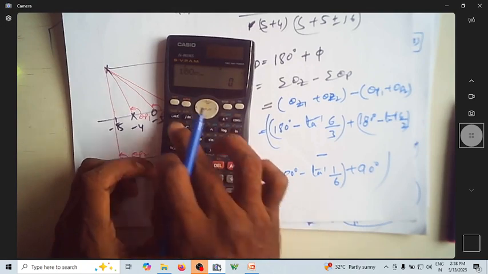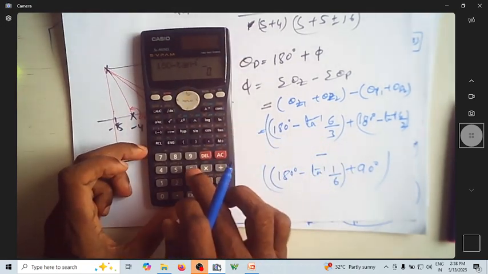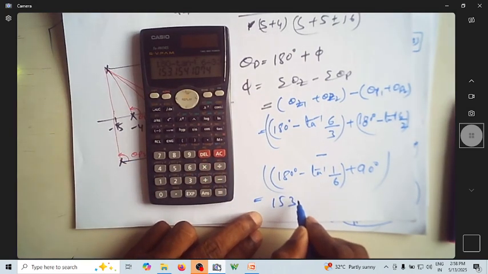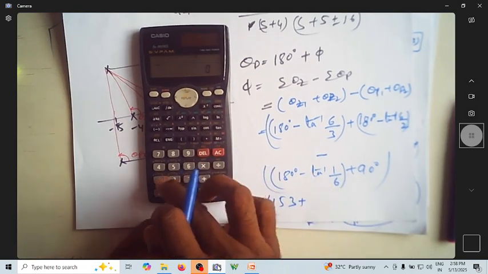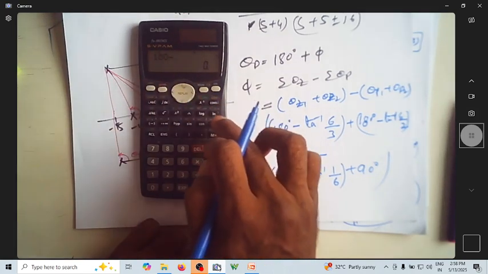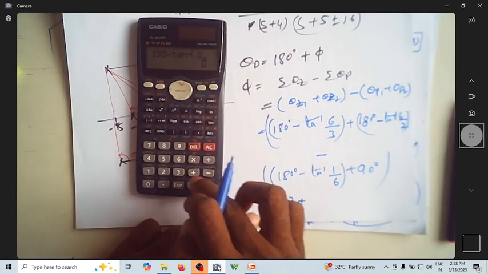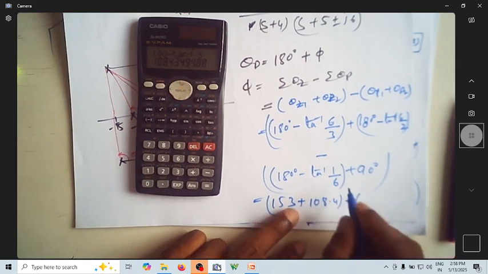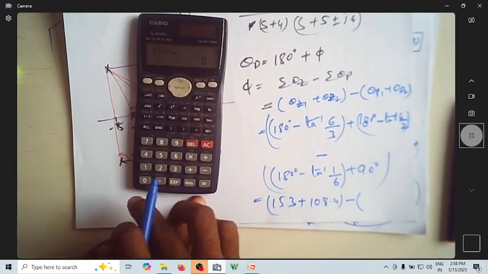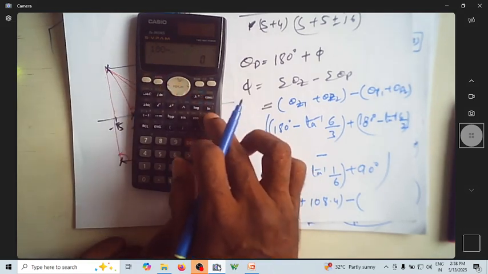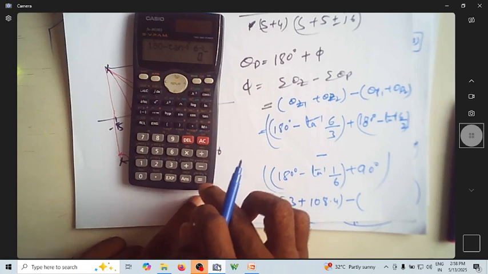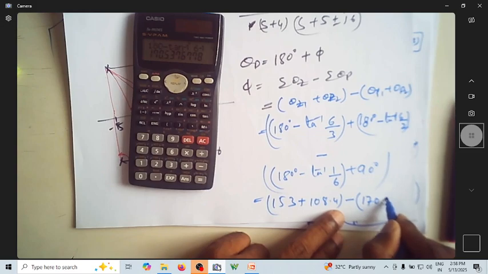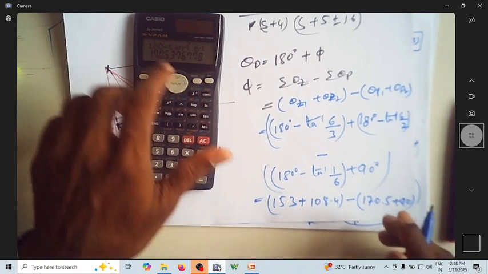So it is 180 minus tan inverse of 6 by 3. It's actually 153, just approximating it, 180 minus tan inverse of 3. It is 108.4 minus of 180 minus tan inverse of 6 comma 6, it is 170.5 plus 90. Correct?